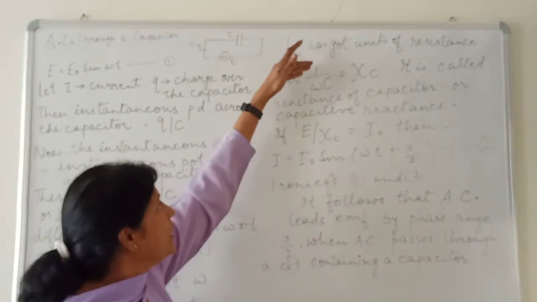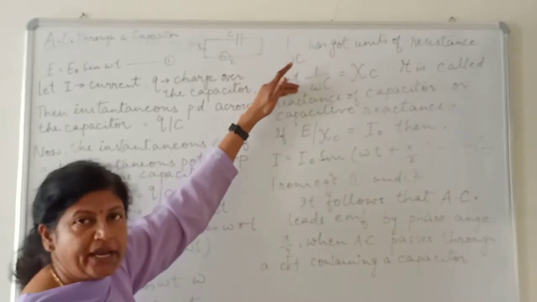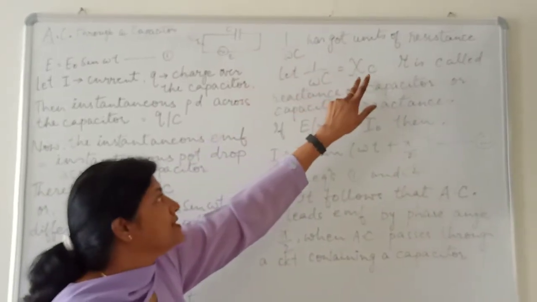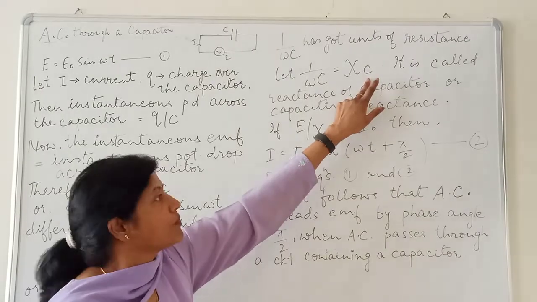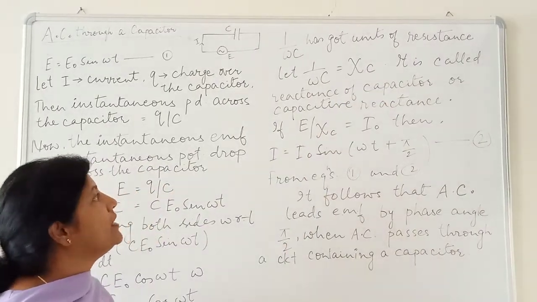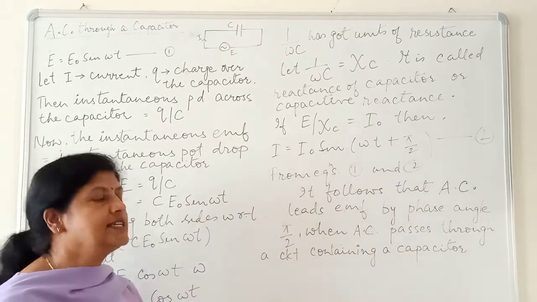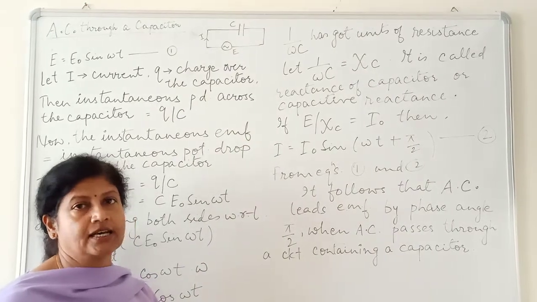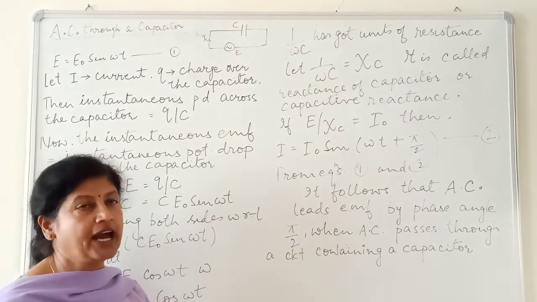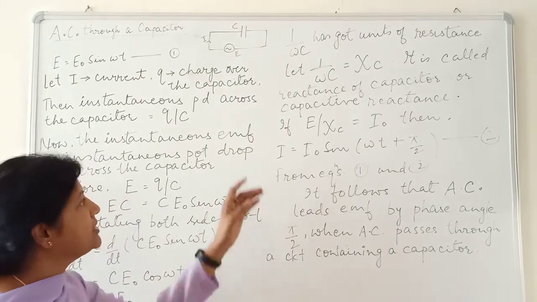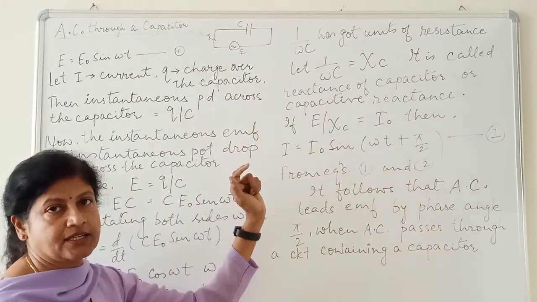Let 1 upon omega C be X C. It is called reactance of capacitor or capacitive reactance.